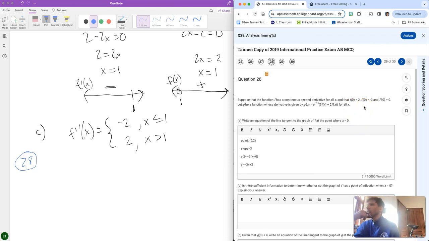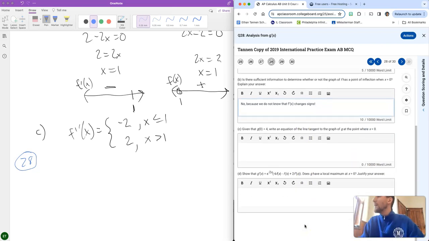We know that it also has to change sign, so I'm going to say no. We don't even know what f is, because we do not know that f double prime of x changes signs.